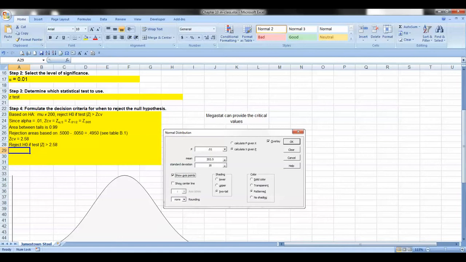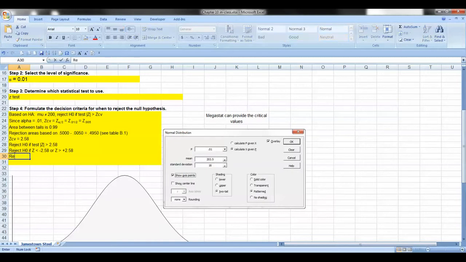It also could be stated as reject H0 if z is less than negative 2.58 or z is greater than plus 2.58, but you don't have to put the plus sign in there.